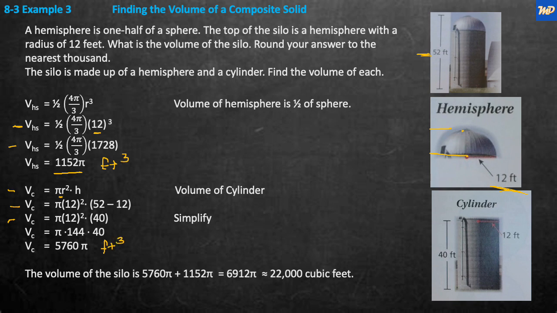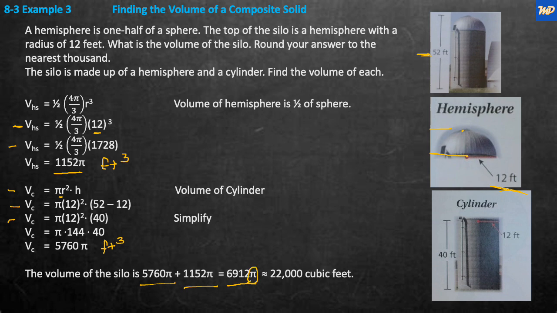So now we put them all together. The volume of the silo is 5760 pi plus 1152 pi, and that's going to give us 6912 pi. That's the exact answer, because pi is still in the answer right here.